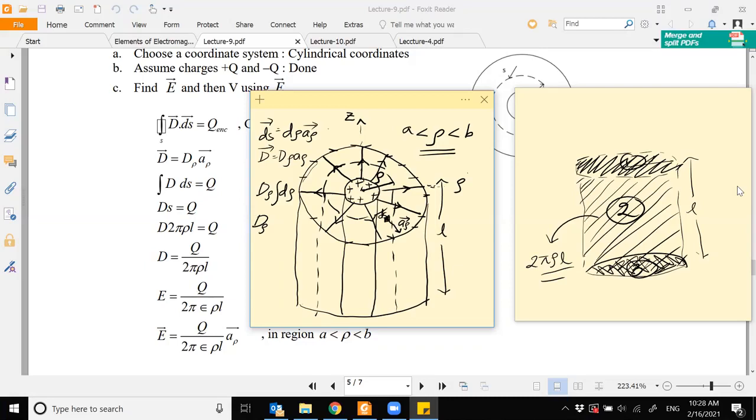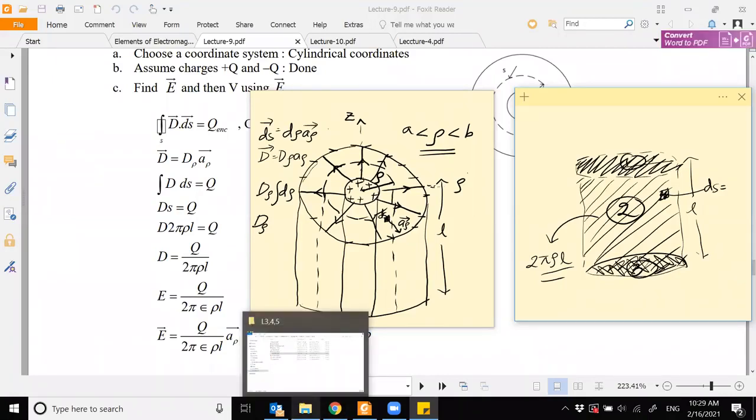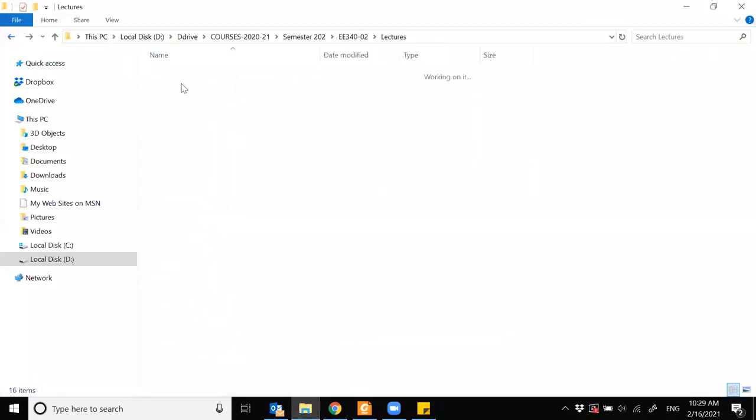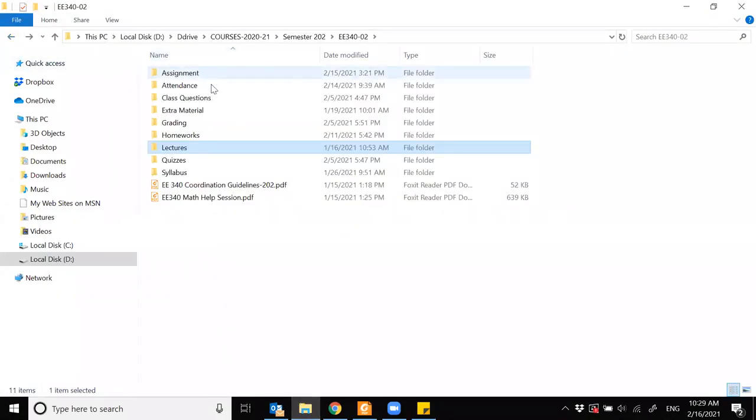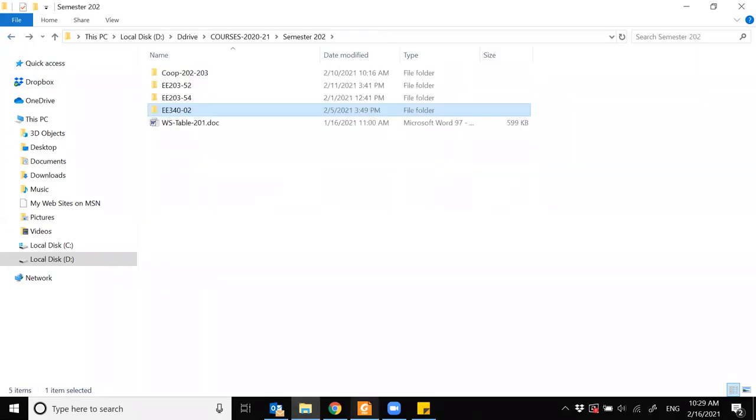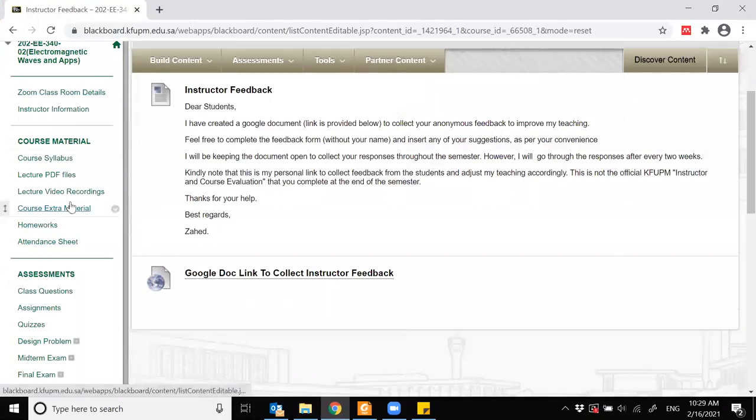So guys, again, this is just a review of Gauss's law, because here my dS will not be D rho a rho. I have to check, I also don't remember. Just give me a minute. Where is the formula sheet? Okay, so let us see the formula sheet.